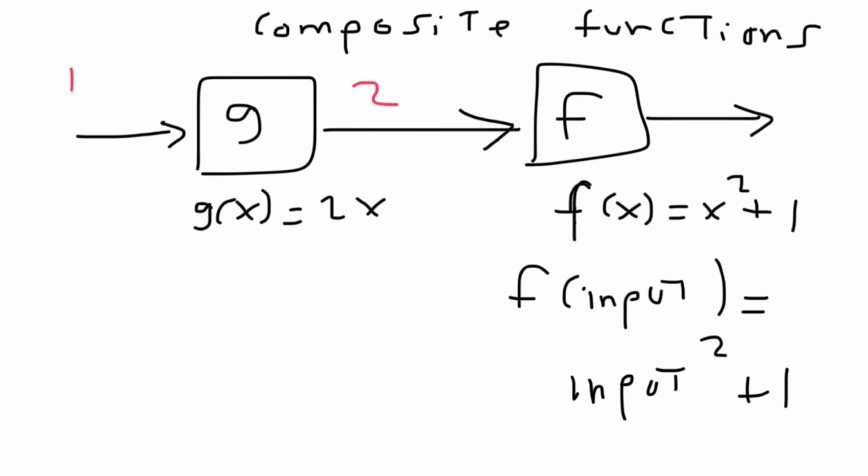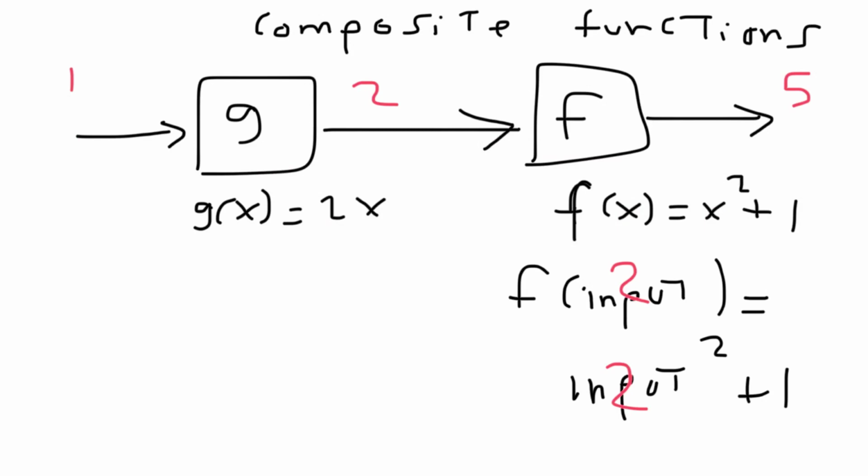So if the input here is 2, it's going to take this 2 and square it and add 1. So 2 squared is equal to 4, and then when you add 1, it becomes 5. So the output here is 5. That's the composition of the functions f of g, and I got the result when the input x is 1.